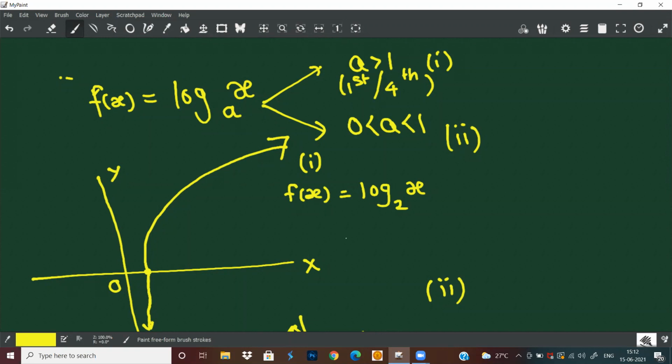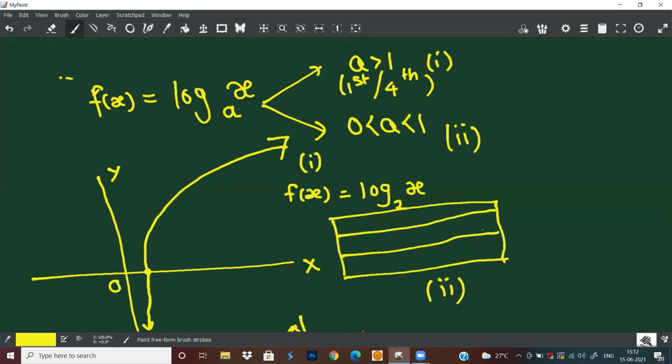The best way to understand the graph is to make a table. What you see visually, you understand best. So give me the values of x. Say 1 by 16. Then you take 1 by 2. Then you take 1. Then you take 4.